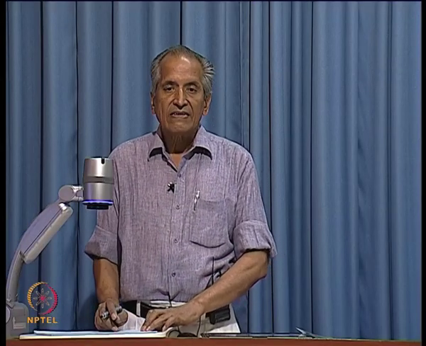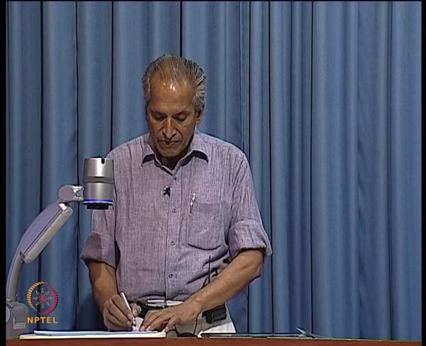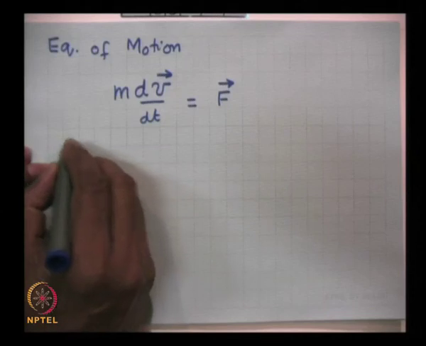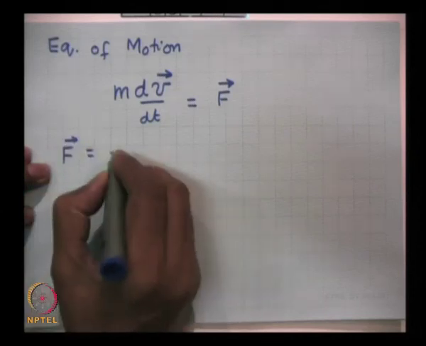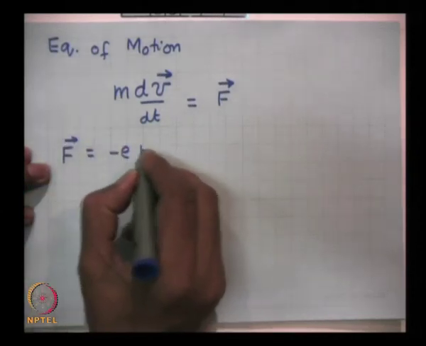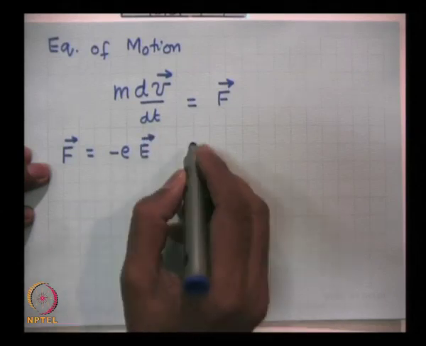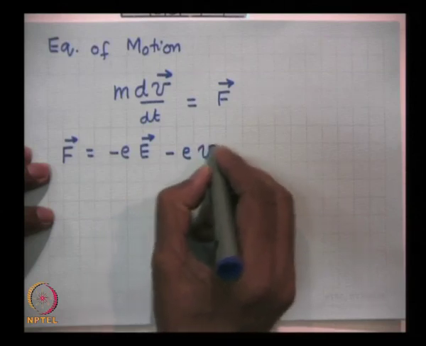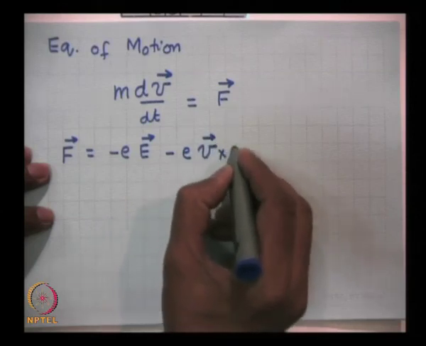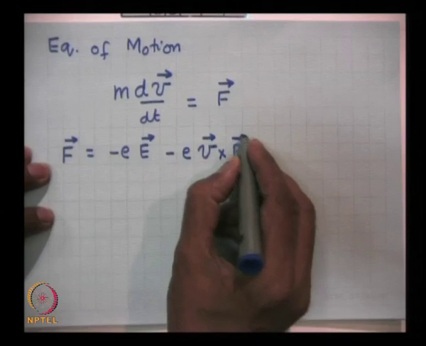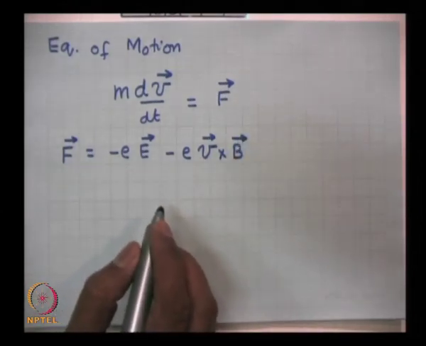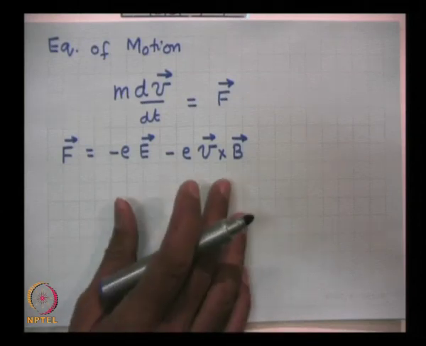If there is an electric field and magnetic field in the system, then the F would be equal to charge of the electron into the electric field E, and if there is a magnetic field, the force will be minus e, the charge, into V cross B. So, this is known as the electromagnetic force on the electron.